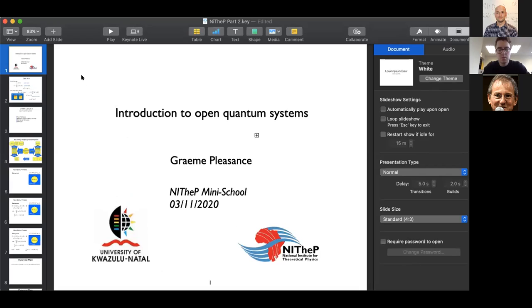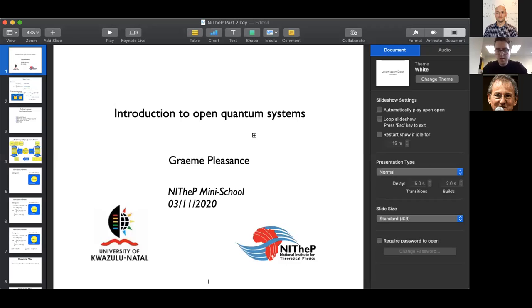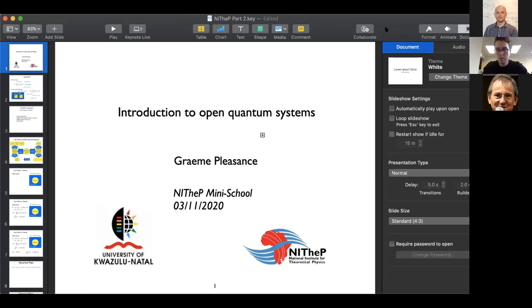Okay, but it will do the trick. Sorry about this. If for some reason when I do the full screen, it says my sharing's paused. Maybe you can just take away the panel with documents and audio to your right.